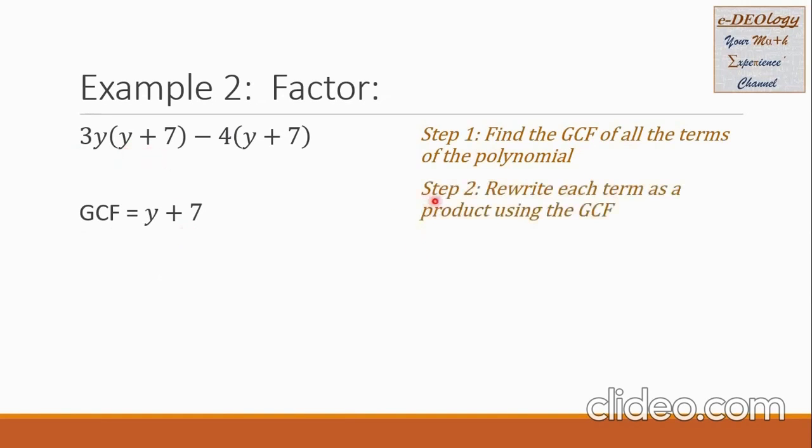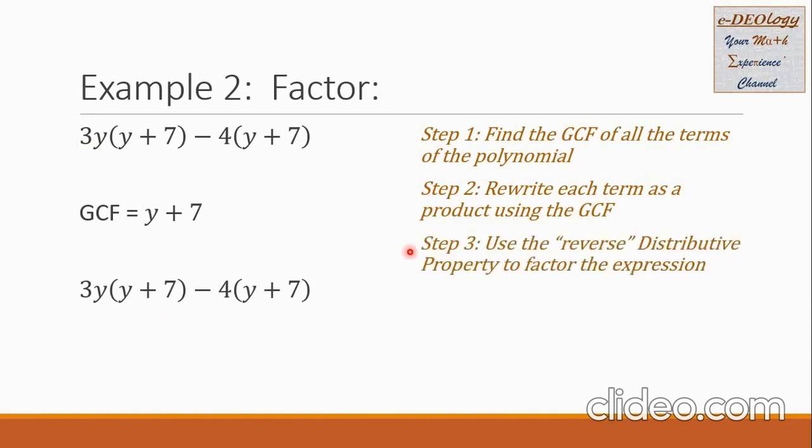Step 2. Rewrite each term as a product using the GCF. In this problem, it is already in the form of a product in such a way that one of the factors is the GCF. So we just copy that same problem.